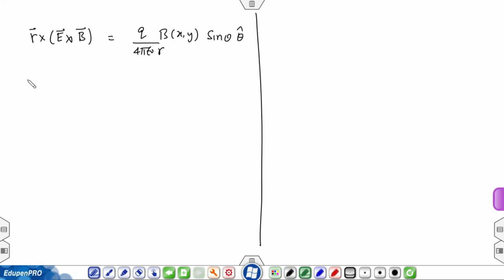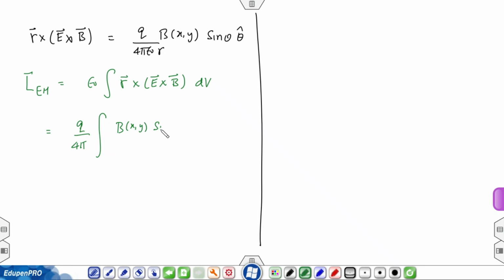So, L electromagnetic, which is epsilon 0 integration r cross E cross B dV, is going to be equal to, epsilon 0 is going to cancel, q over 4 pi integration B x y sin theta, theta unit vector over r dV. dV I am going to write now in spherical coordinates.